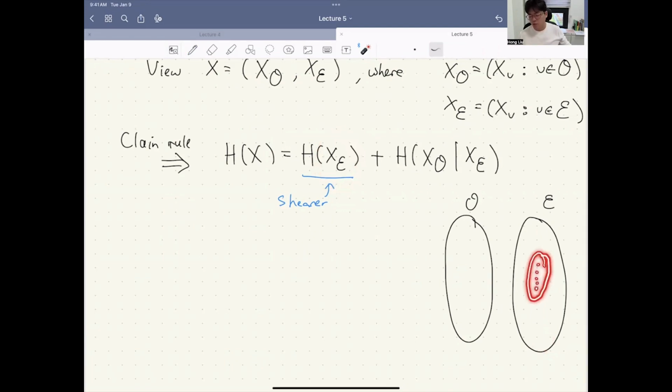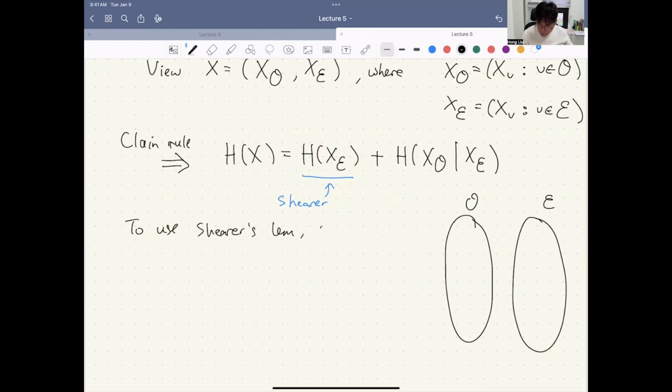In other words, we need to randomly sample a subset of E. How do we choose a random subset of E?